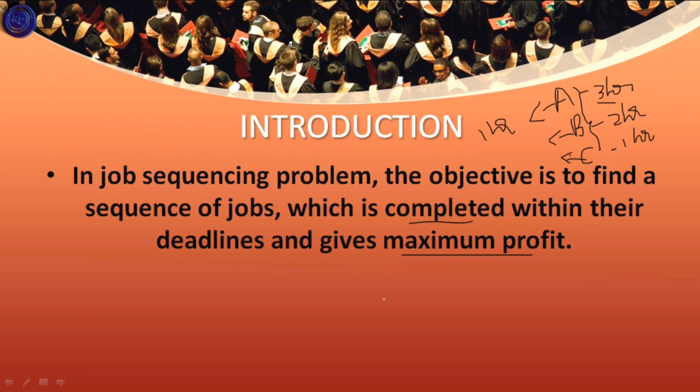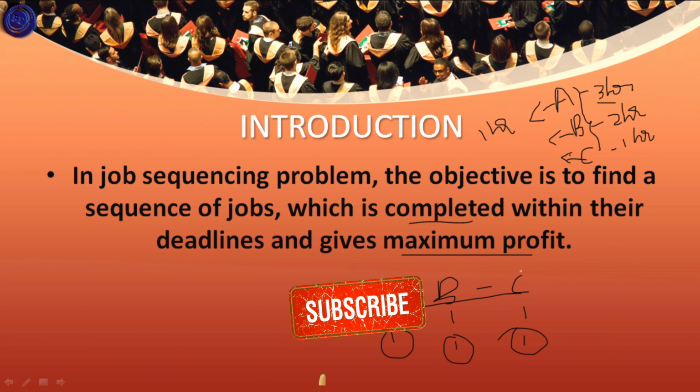Initially I prefer the job which has a deadline of 3 hours and I complete it in the first hour. After that I take job B and complete it in another hour, and coming to job C I complete it in 1 hour. Here I completed the given 3 jobs within the deadline and I earn the maximum profit.